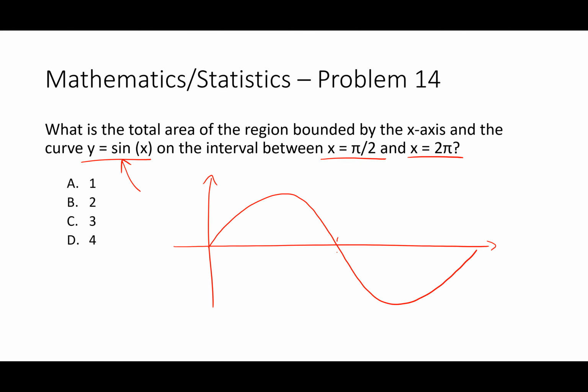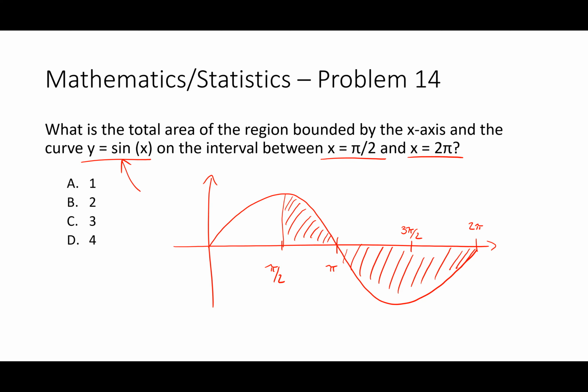Excuse me. This is pi over 2, 3 pi over 2, 2 pi. What is the total area of the region? Well, I'm talking about that region there.